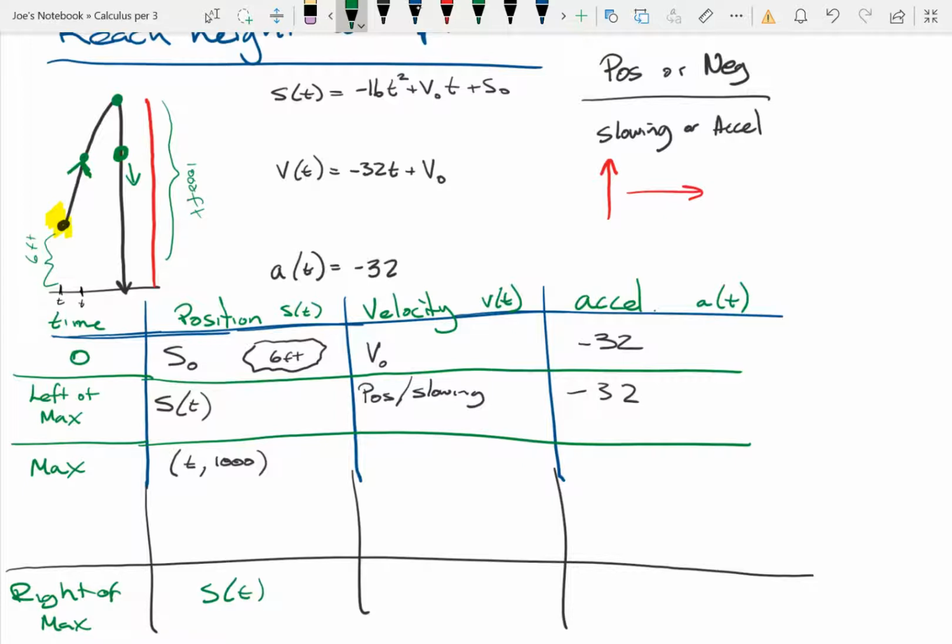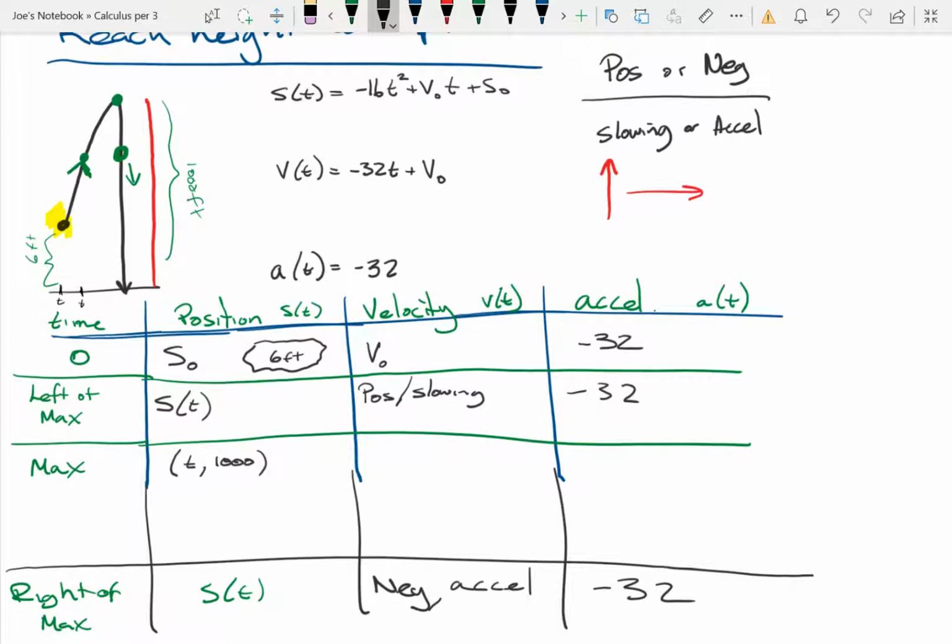Is the velocity positive or negative? Going down, so it's negative. Is the speed accelerating or slowing down? Accelerating. It might be traveling at -5 feet per second, then it's going faster at -10 feet per second, and -20 feet per second. So it's accelerating in a negative direction. And acceleration due to gravity is constant, it doesn't change.